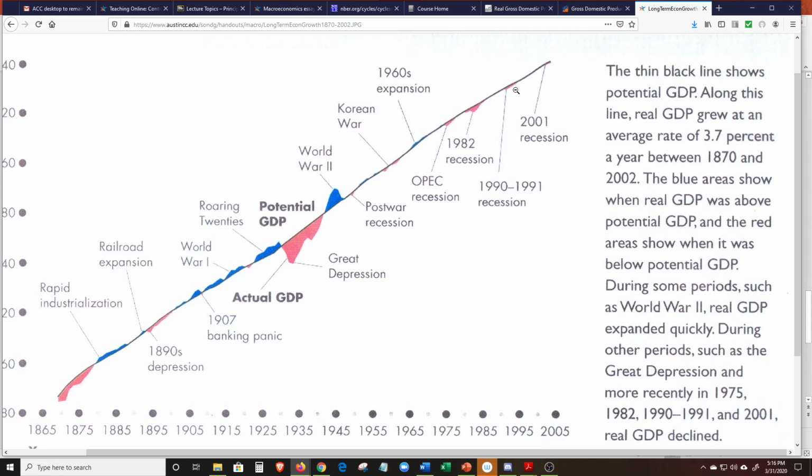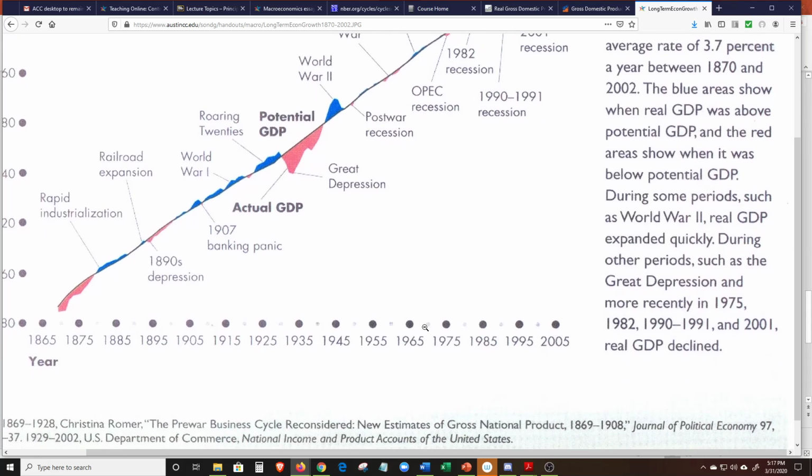Pretty close. You can see the recession's pretty small. This only goes to 2005 because I copied this over 10 years ago from another textbook. So the recession after the Civil War, expansion, but the potential GDP was growing pretty quickly back in here. All right. Quite interesting. Let's see what it says here.